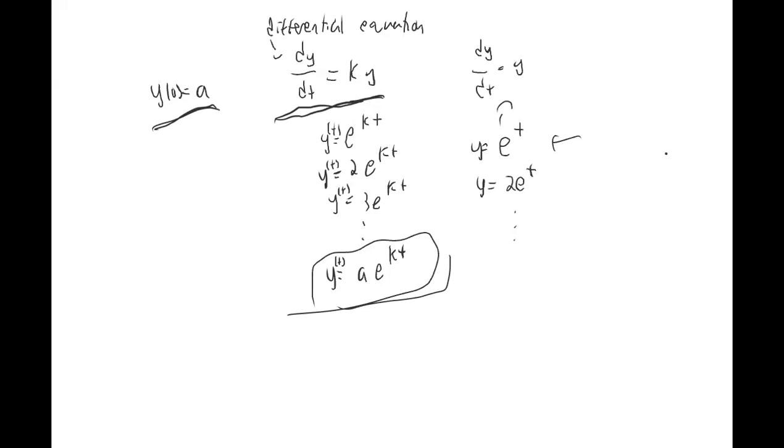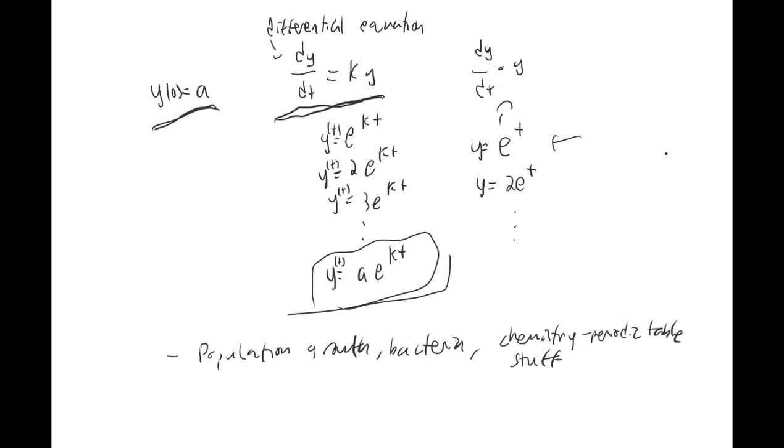Stuff like population growth, bacteria, and chemistry stuff, like strontium and the periodic table stuff. This one is exponential decay, and this one is exponential growth.